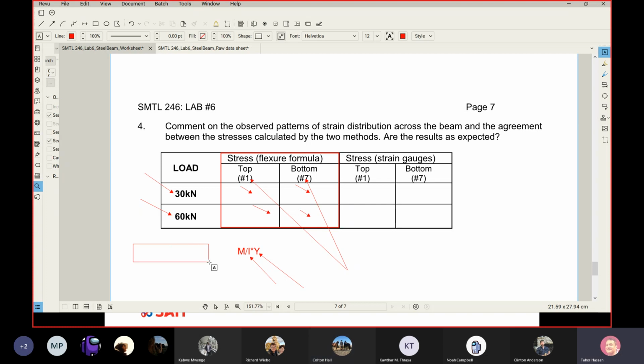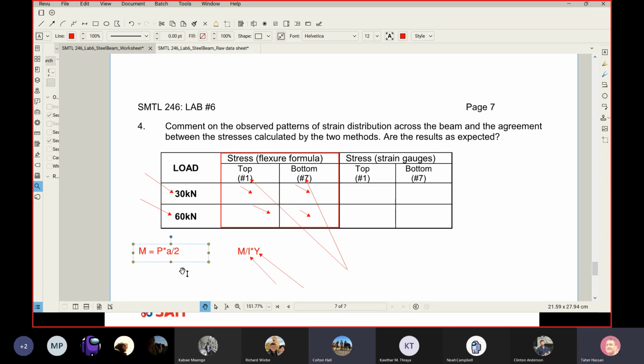How much is my moment? Can anybody tell me? Is it connected to the span and to the load? Did I teach you somewhere in my slide how to find the bending moment? P multiplied by a, little a, divided by 2. Anybody remember that we can estimate the moment using this equation?